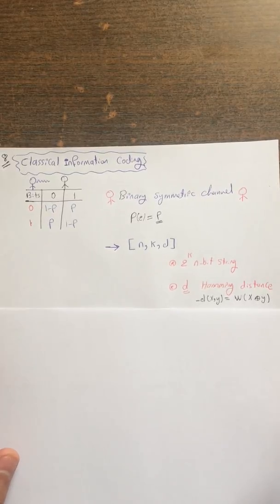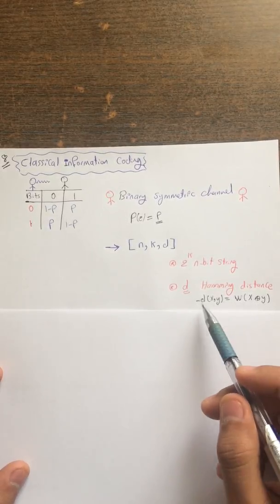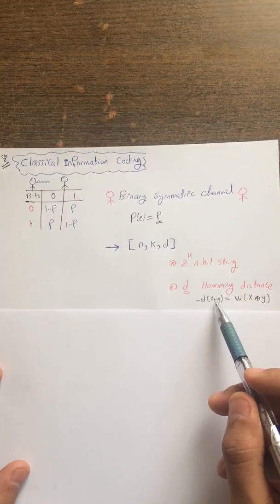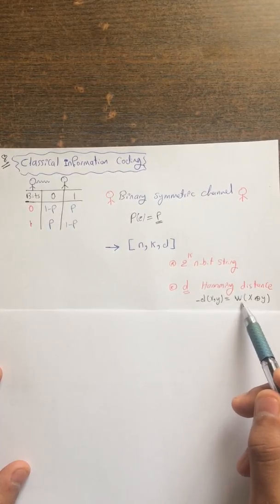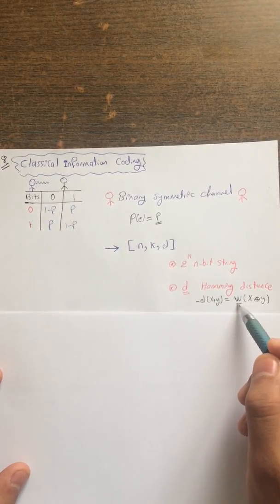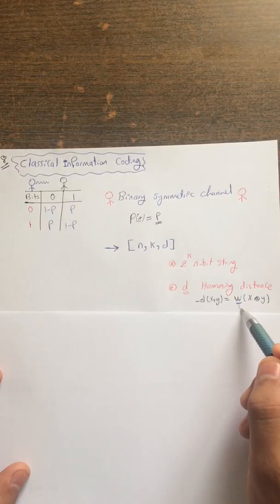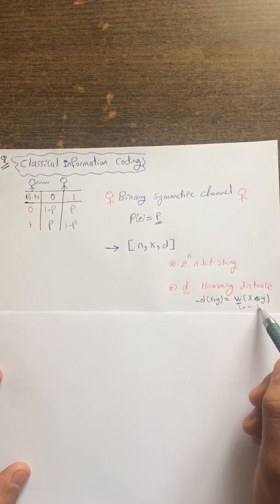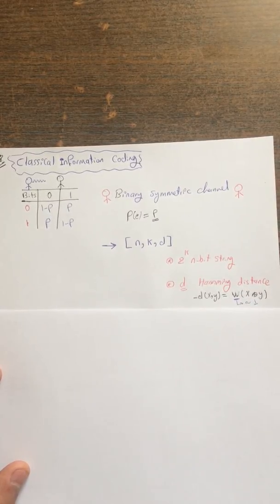The distance between x and y is the weight of x XOR y, where the weight is the number of ones.